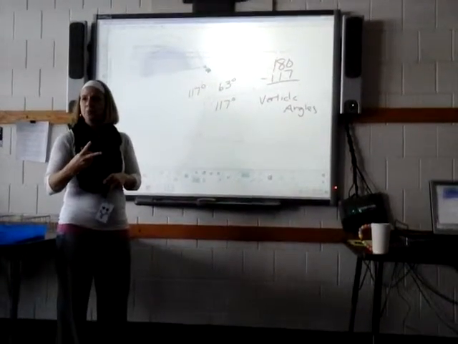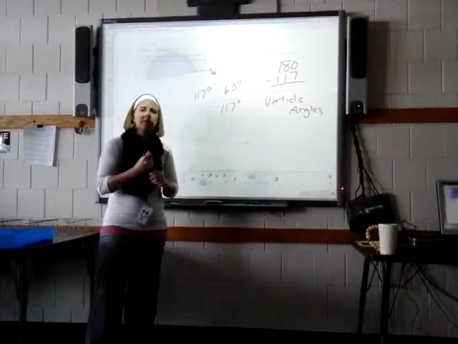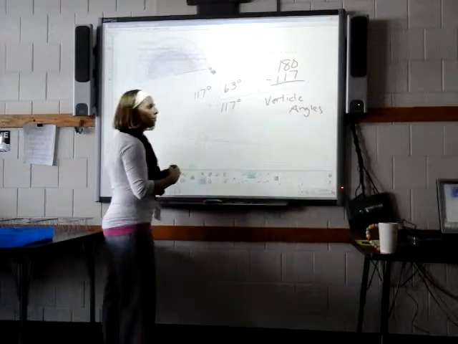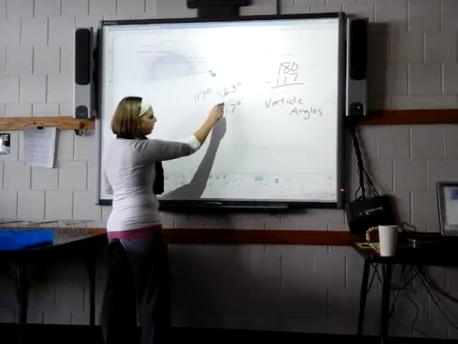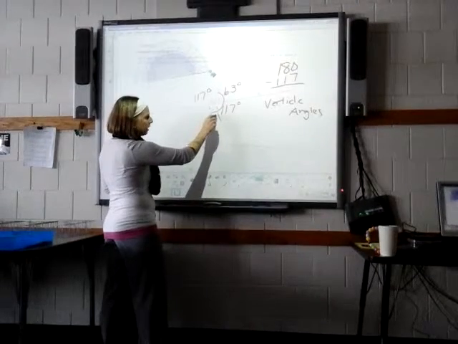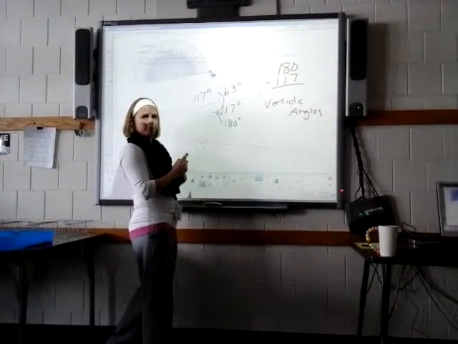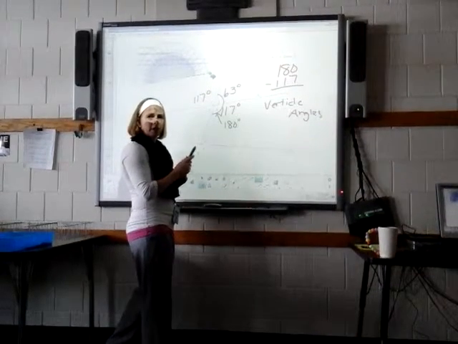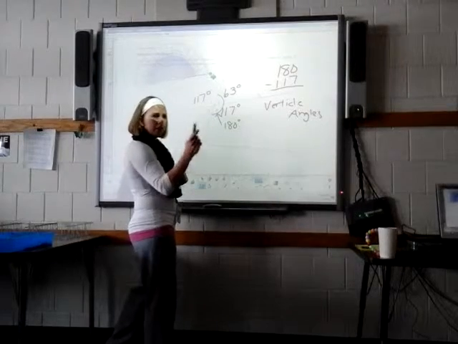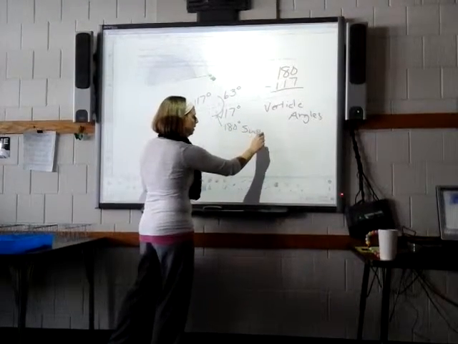What is the second relationship that tells me this has to be 117 degrees? Because there's a line going that way and that's 63. Very good, because right here, angle 2 to angle 3 makes a 180 degree angle. That relationship is called... two angles whose sum is 180 degrees are supplementary. Supplementary angles, very good.